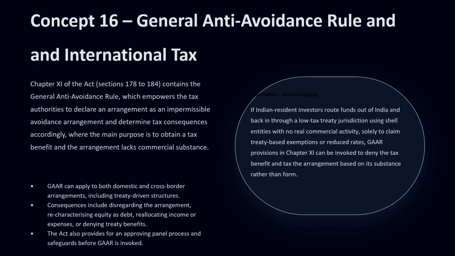So if we see an example here, if Indian resident investors round trip funds through a low-tax treaty jurisdiction using shell entities, with no commercial substance other than just to claim the treaty-based exemption or the benefits of the reduced rates, GAR can be invoked in that case to look through the entire structure of the arrangement, and it can also deny the treaty benefits and tax transactions based on its real substance.